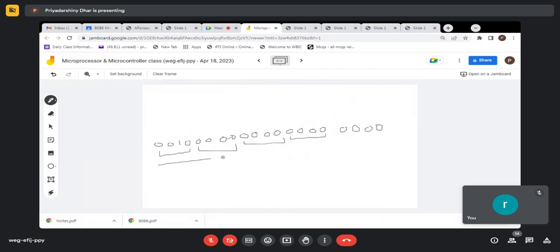So this is our first step: we have to shift our segment address 4 times left hand side. So we can write this as 20000. Clear everyone? Yes sir, clear. Yes, ma'am.